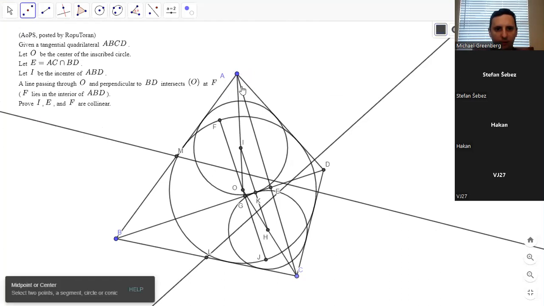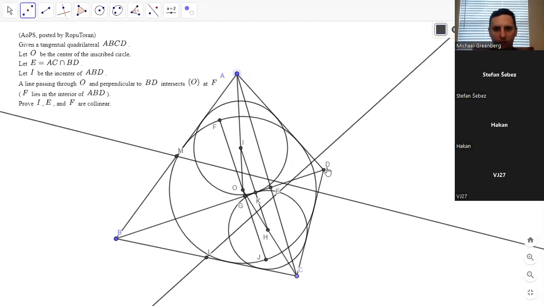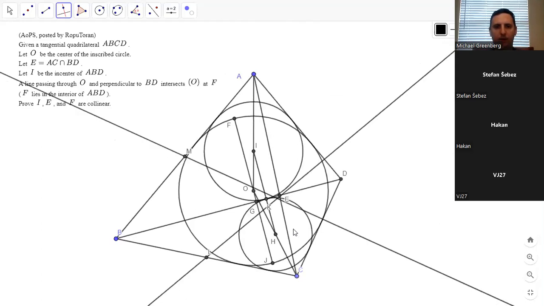First, let me see if that theorem that I'm saying is true. So, I don't think it's even true what I'm saying. I thought that all four of these concurred. But I must be thinking of something else.